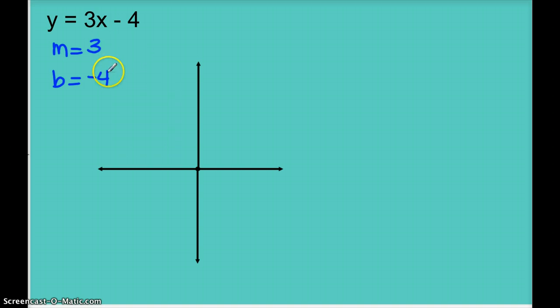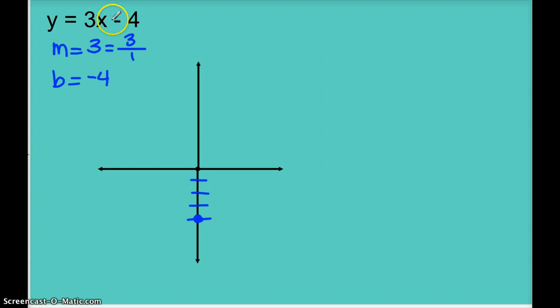Now, first thing I plot is the negative 4, so I'm going to come down 4, and I'm going to put a dot right there. And then the second step said to use your slope, which is rise over run, to get to your next point. Now my slope is 3. You always want your slope to be written as a fraction because of the rise over run. So I can rewrite the number 3 as 3 over 1.